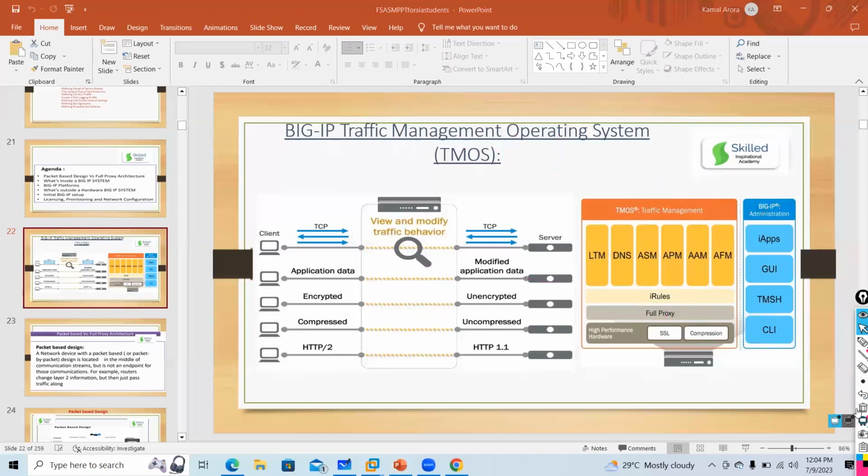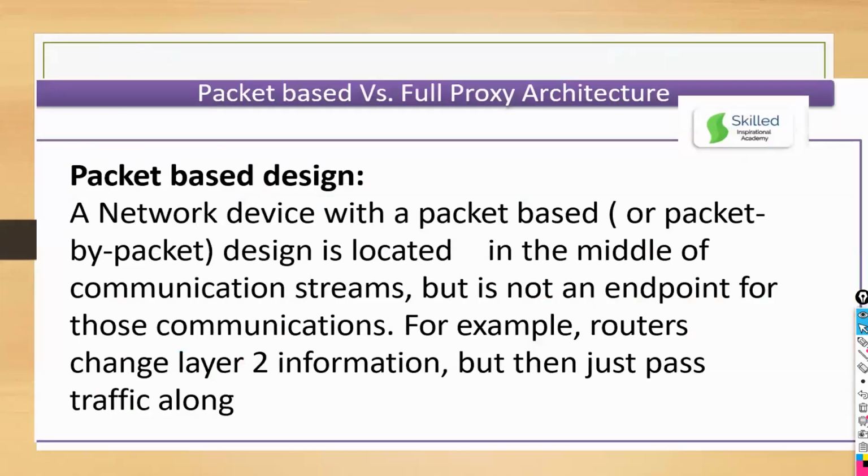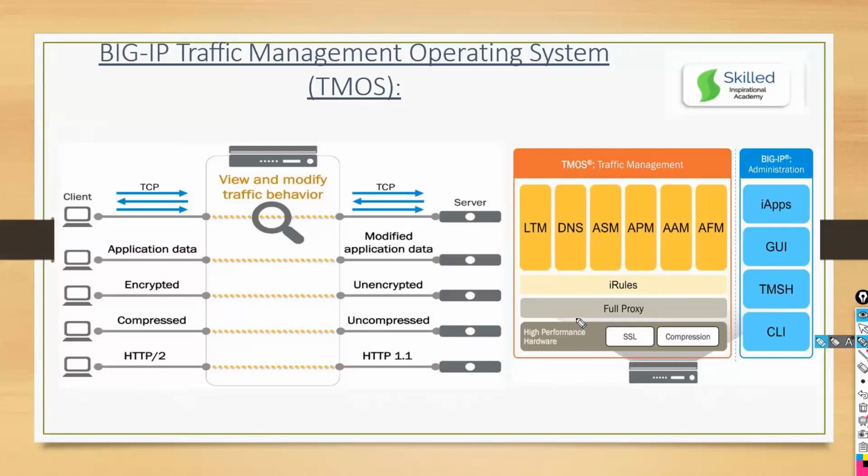So this is the topic which you need to understand in detail. If you see this, this is how your operating system looks like in F5, which is called the traffic management operating system. Can you see this? F5 supports LTM, ASM, DNS. There are separate modules. In this, I'll be covering ASM full plus LTM basics.